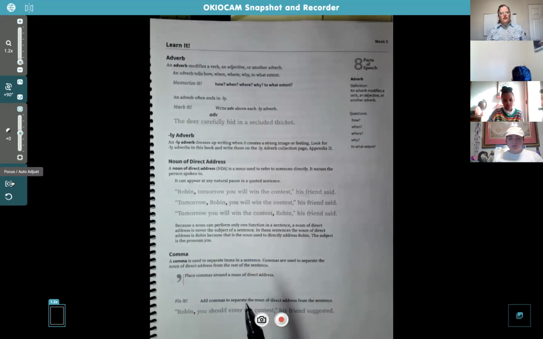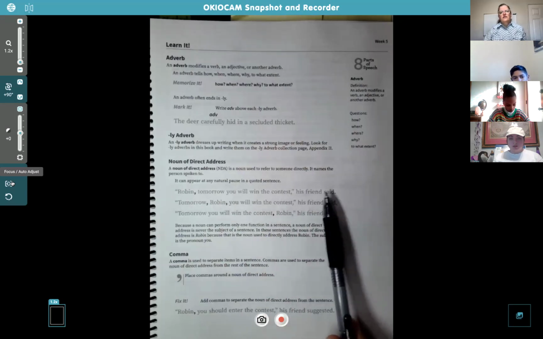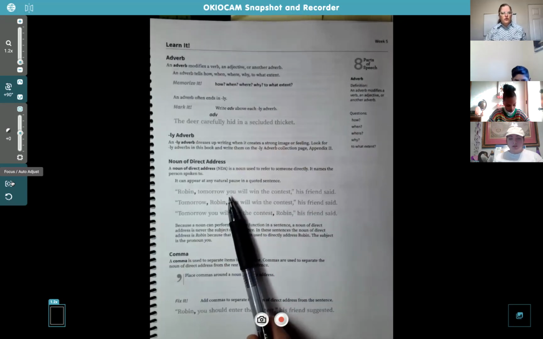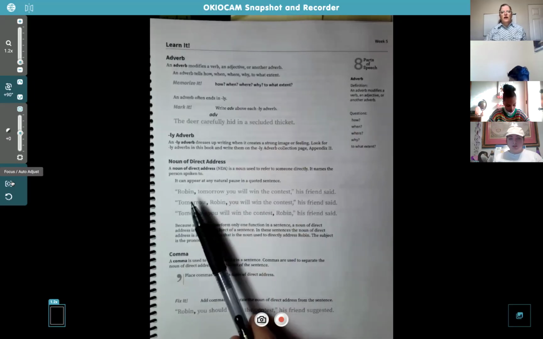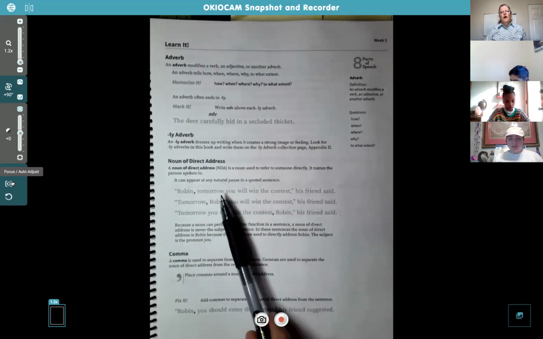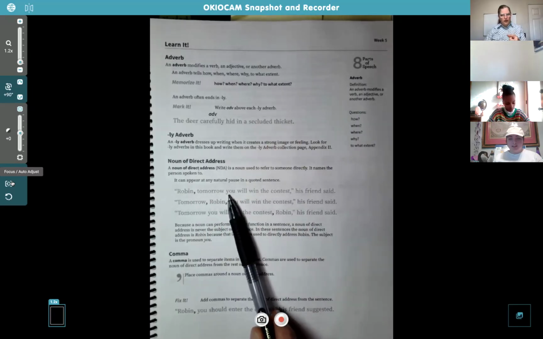Here's the trick, because the noun of direct address is not the subject of the sentence. That's where it gets a little tricky, okay? It never is. So in these sentences, the word, the pronoun you is the subject in the sentence, not Robin, because he's talking to Robin, but he's addressing Robin and then saying you.